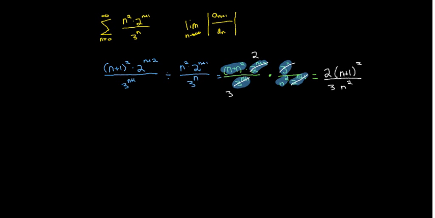So remember, we are taking the limit as n approaches infinity of this expression. And to do that, you need to use L'Hopital's rule, which means you take the derivative of the top and the derivative of the bottom. So that will be 4 times n plus 1 times the derivative of the inside, which is just 1.